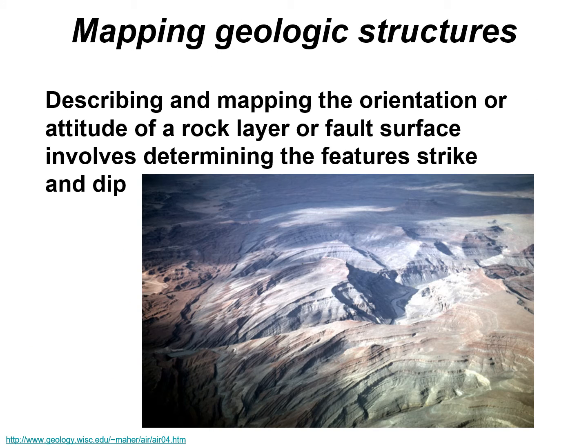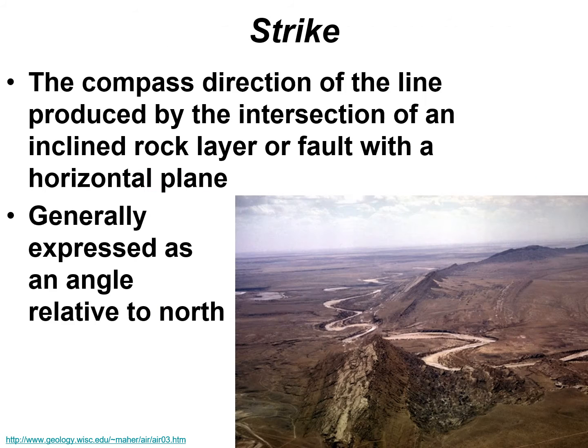Now, when we're looking at geologic structures, we're looking at how the folds or other deformations have changed the shape of the rock. Here we see some great examples of folded rocks. Again, these are originally mostly horizontal, but over towards the left, they're now dipping towards that direction.